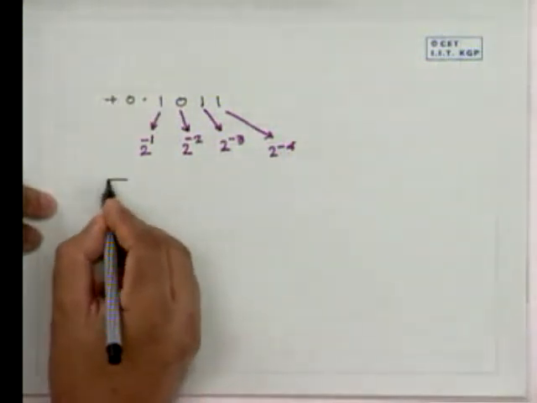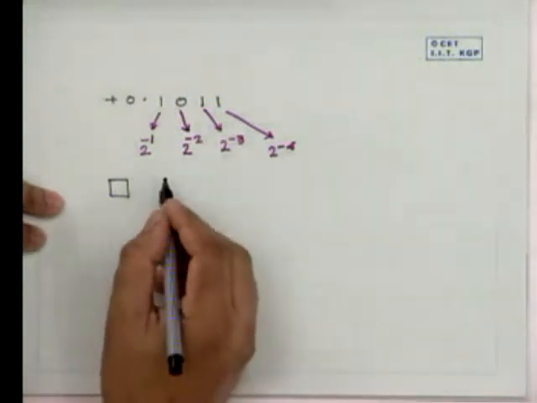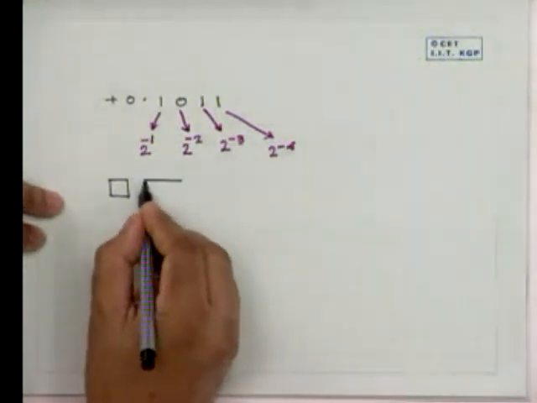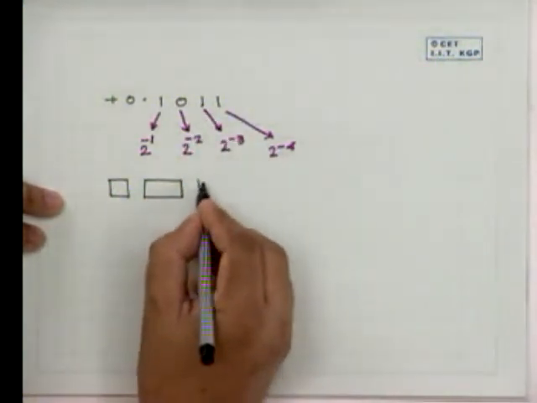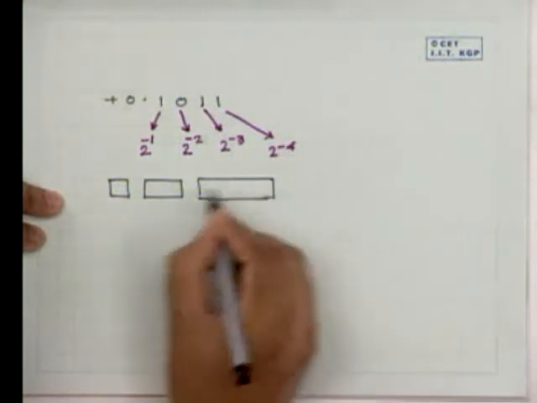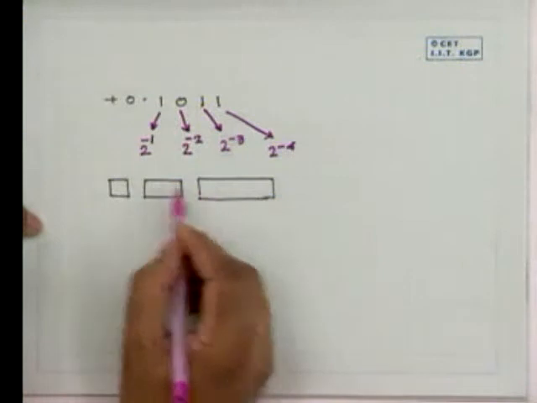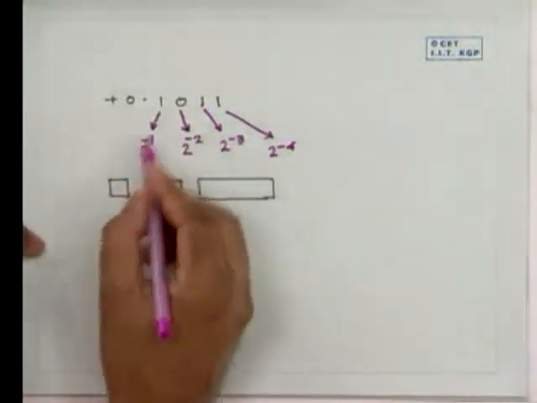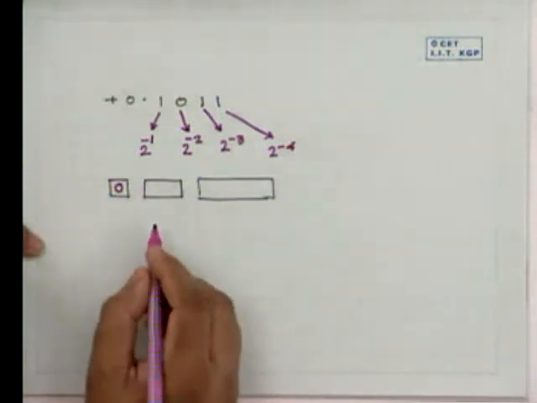And this number will be represented once more this way. So we have a position for the sign, a position for its exponent, and a position for the significand or the mantissa. The sign here is plus, therefore let us represent the plus by 0 as usual.